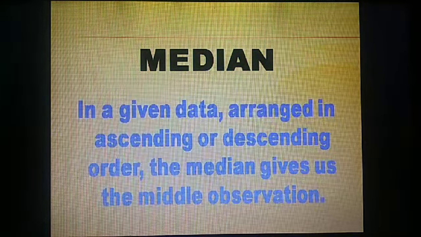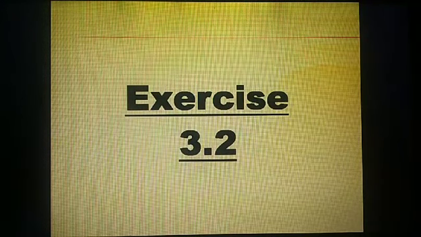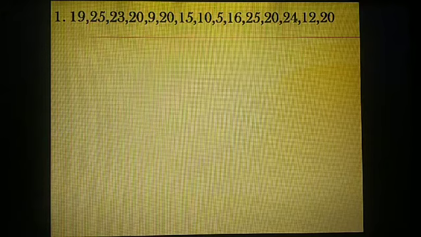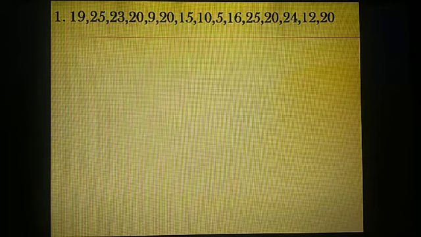Moving to exercise 3.2, question number 1. The scores in a mathematics test out of 25 of 15 students are as follows. Find the mode and median of this data.